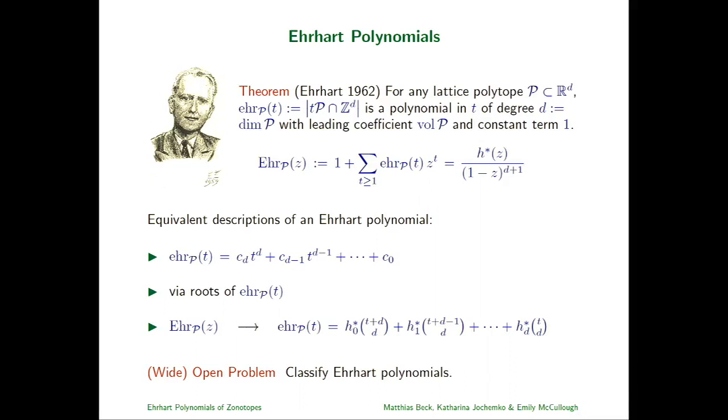Then I claim these d plus 1 binomial coefficients form a basis of the space of polynomials of degree at most d. And I'd like to call these coefficients h0 star through hd star, because everybody calls them this. Well, 90% of people call them this.